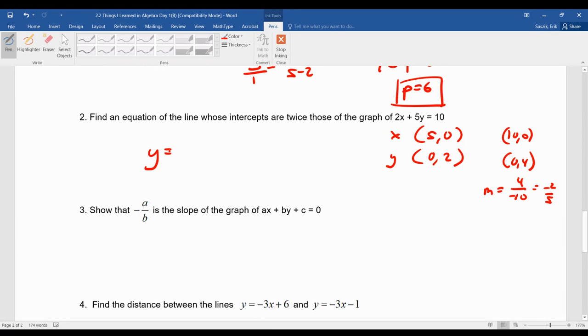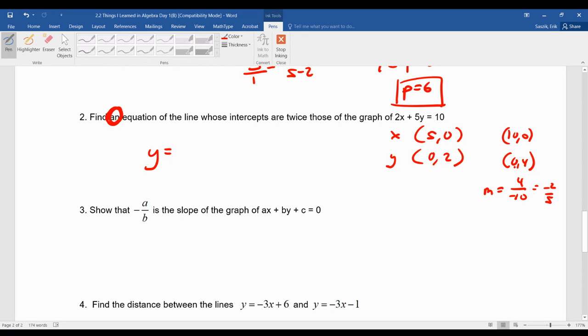Now, guys, it just says find an equation. So it doesn't specify what form it has to be in. So we could use whatever's easiest. And considering that this point here is (0, 4), that's a special point, right? When you have a 0 first, that means that's the y-intercept.